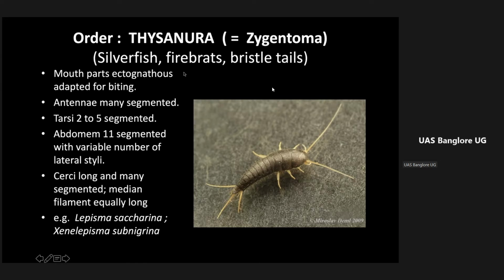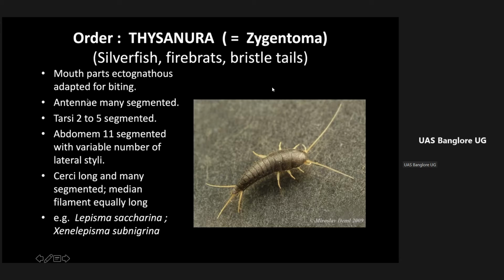What is the difference between Thysanura and Archaeognatha? The Archaeognatha had very large compound eyes which were continuous, but here they are very tiny. Also, in Archaeognatha the median filament was very long, whereas here the cerci, the many-segmented median filament, are all equally long. All three cerci are of equal length.